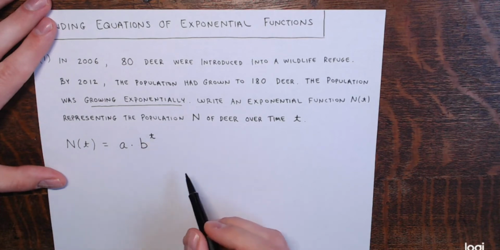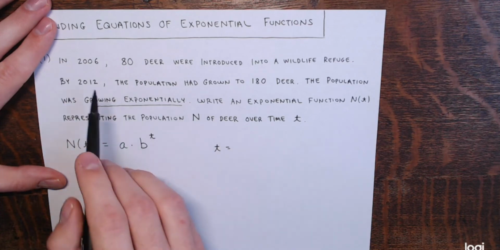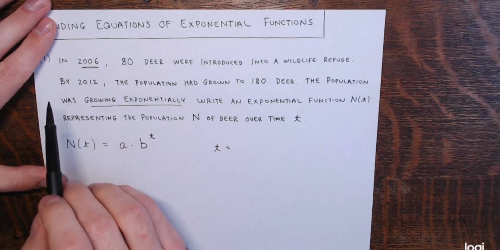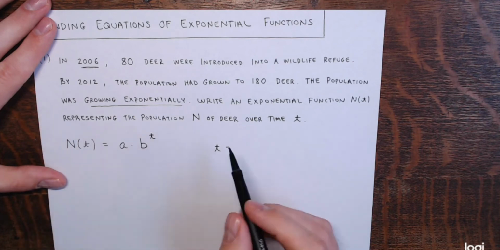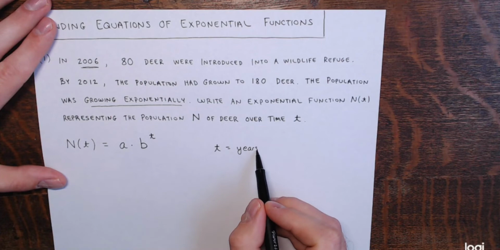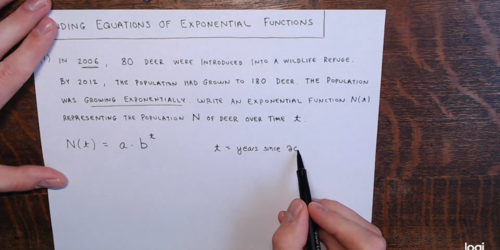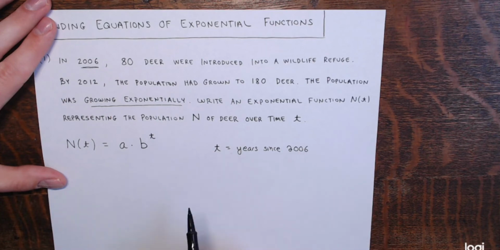The initial year they gave us was 2006, so I'm going to have t represent the years since 2006, the years that have passed since that first year, that initial year.